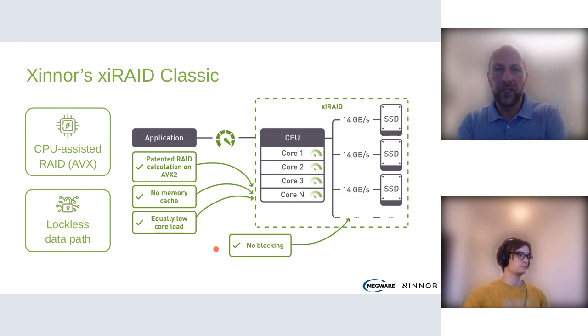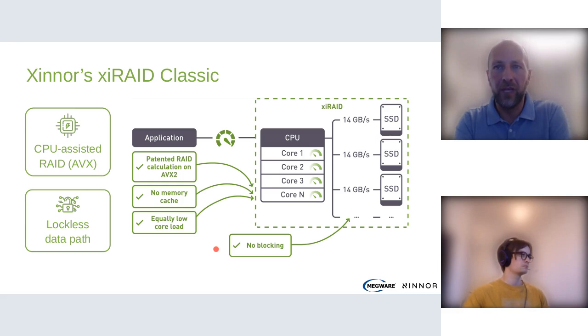So the architecture of xiRAID is very different. We use two main technologies in our classic implementation. We use AVX technology, which is available on every modern x86 CPU. And we combine it with our lockless data path. What does it mean?